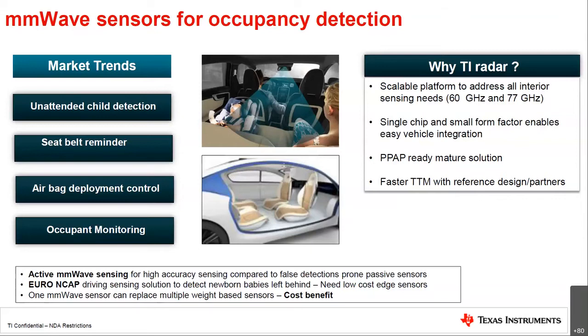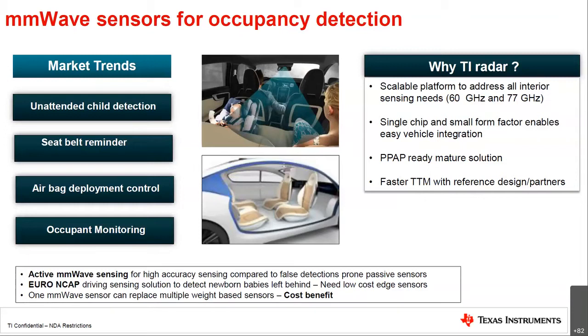One of the capabilities of radar is to be able to detect specifically if it's a living human being in the seat, and give a more advanced kind of sensing response. So what we've seen is that a single radar sensor can typically displace the weight sensors that are used in vehicles.